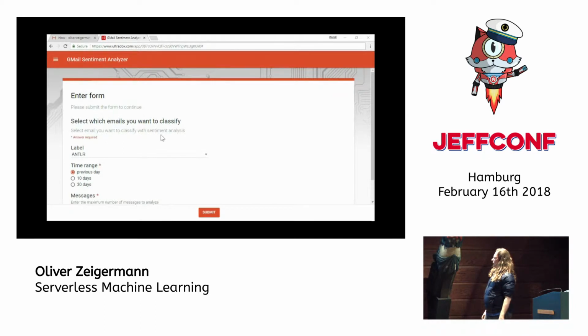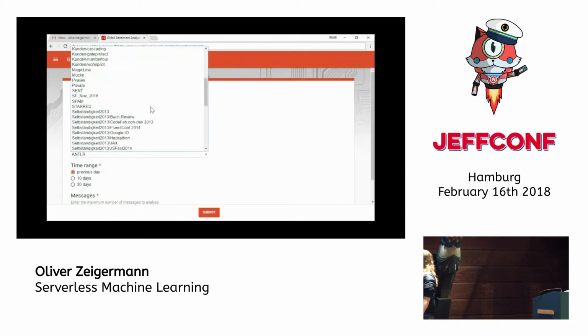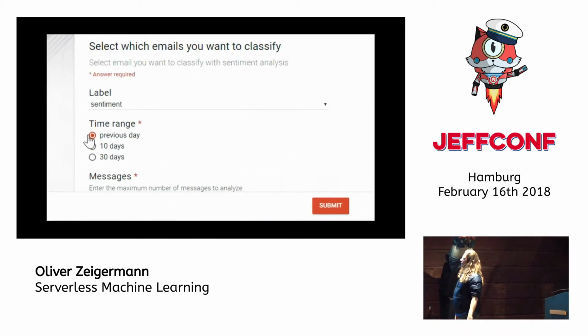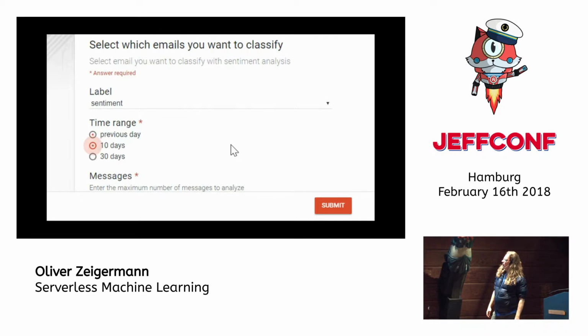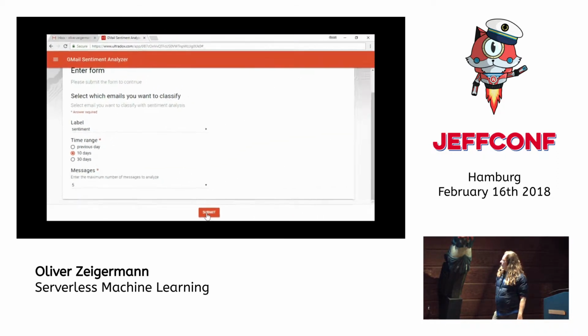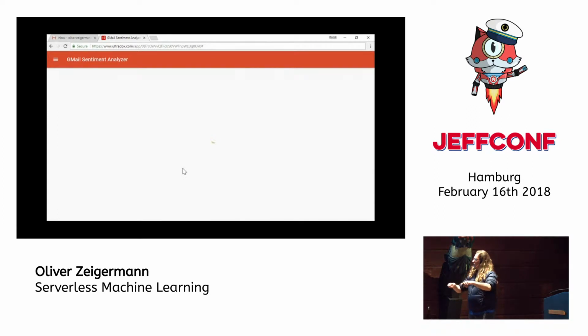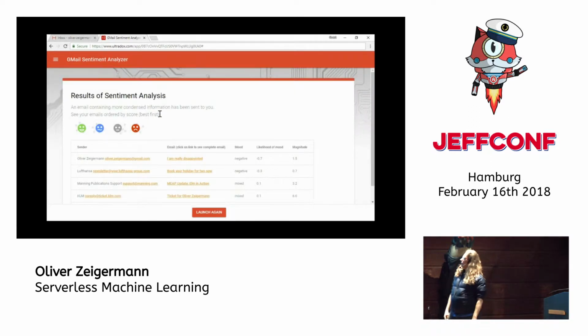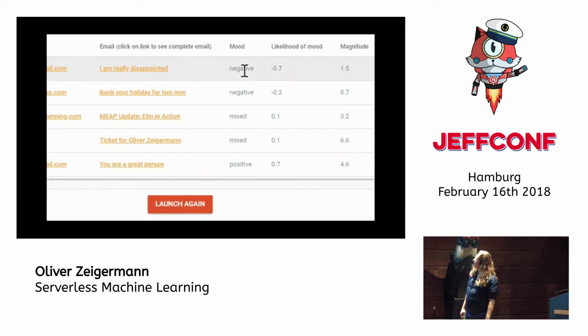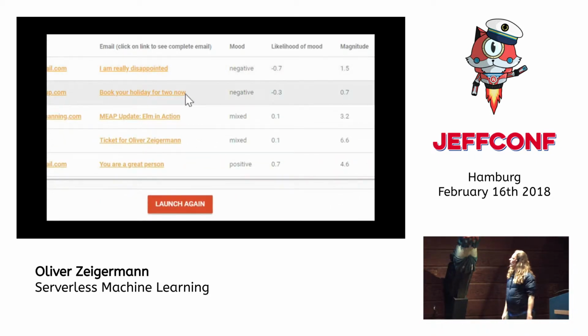In this case, I'm choosing from a Gmail inbox a label, "sentiment", created for the demo. I'm telling it, show me the last 10 days, and then show me 5 messages. Then I submit that, and what it does is send all these emails to the sentiment analysis API and give me the mood.